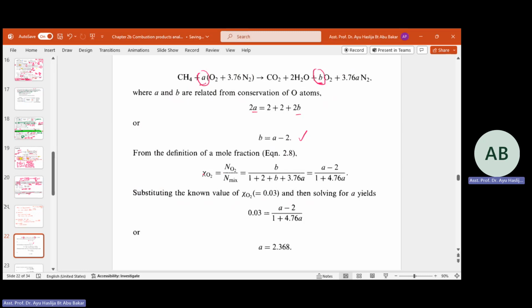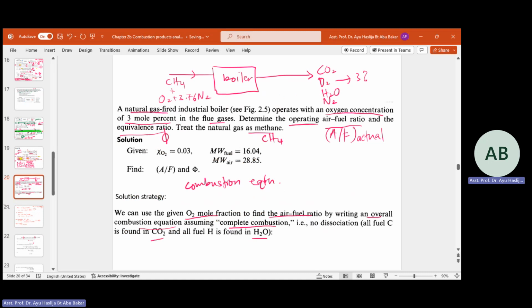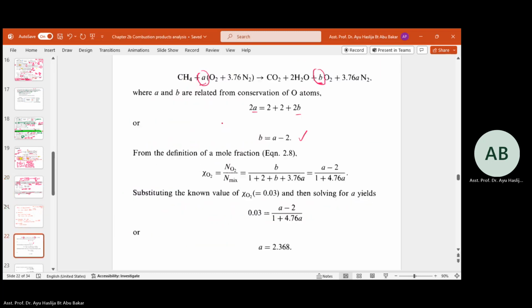Okay, so from the mole fraction, the 3% just now is mole percent. 3 mole percent in the flue gas. This is the one that is equivalent to 3%. So N O2 over N total. This one is N total. B over the total.